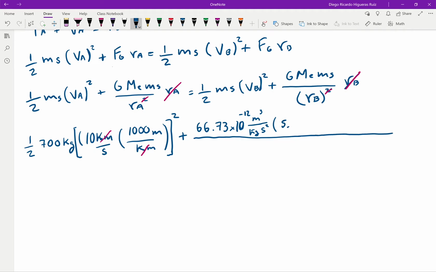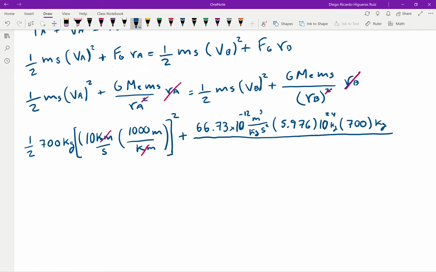Okay, it's going to be 5.976 times 10 to the 24th, multiplied by the 700 kilograms. So this is kilogram, this is kilogram, of the satellite.